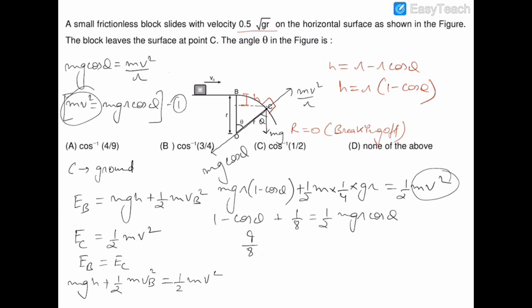So this is cos theta by 2 only, because I have cancelled mgr. So this 9 by 8 will be equal to 3 by 2 cos theta, and therefore cos theta will be equal to 3 by 4 and theta will be equal to cos inverse 3 upon 4.